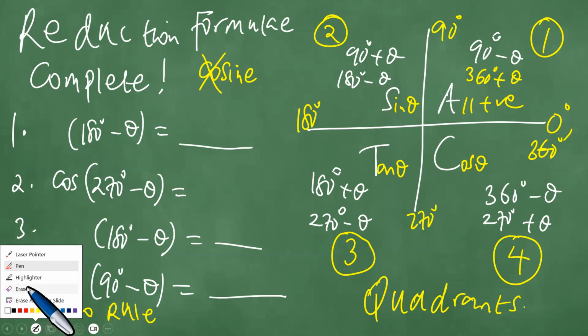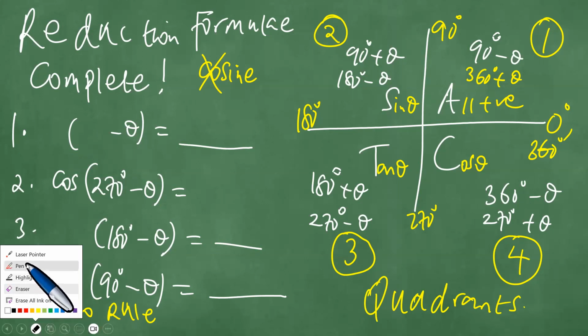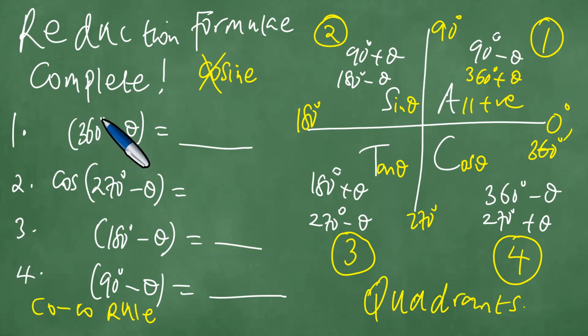I'm going to change this one and put 360. If I have 360 minus, then I can put sine. Then here, we're going to change this one at 180 degrees minus. You can put another cosine here. And at 90 degrees, let's make this one 90 degrees plus, and we put cosine.